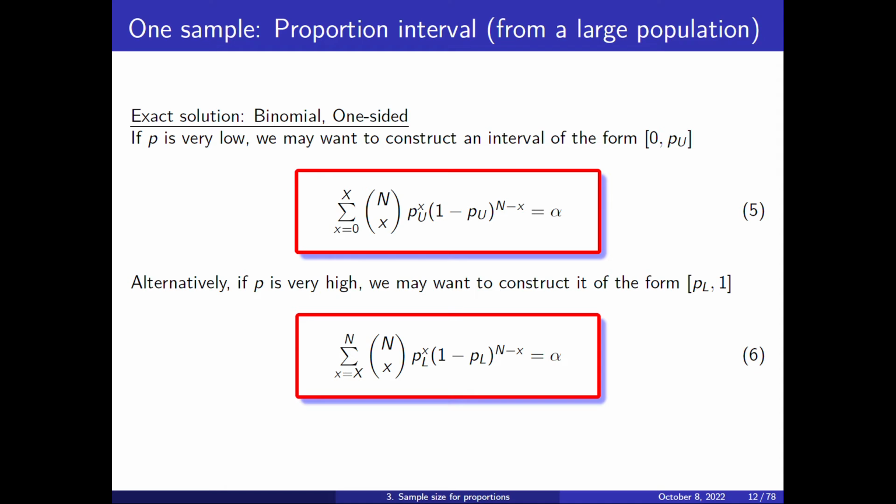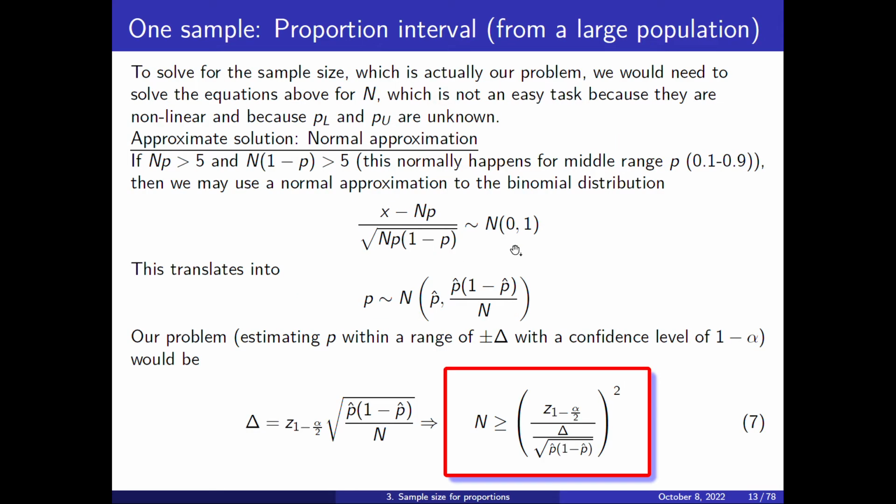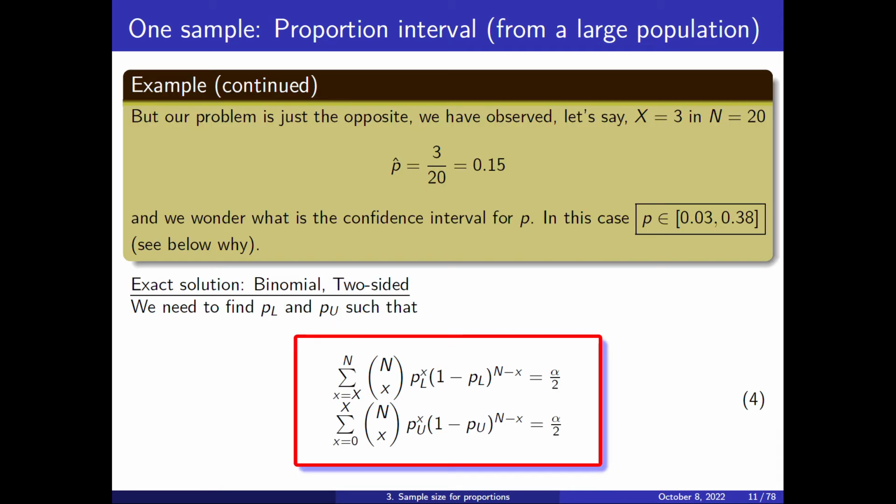If you have one-sided confidence intervals, not tests but confidence intervals, of the form 0 to PU or PL to 1, the equations are a little bit different, but not so much different. And I agree that solving for n in this kind of equation is really difficult.